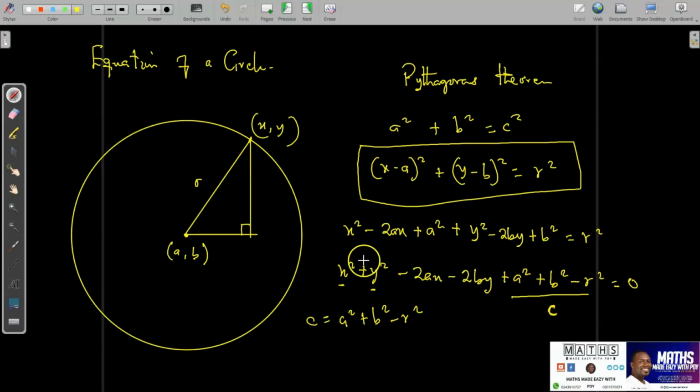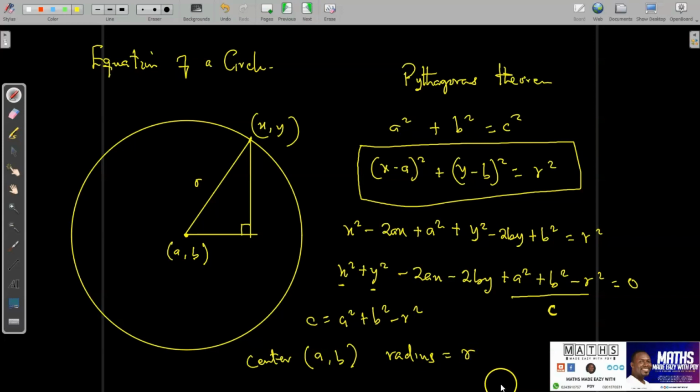Note it down. The equation of the circle that I've generated has the center A, B. That's the center. And the radius is R.